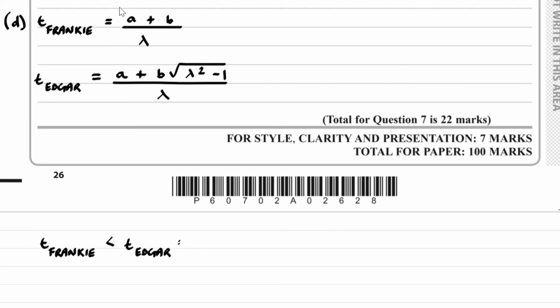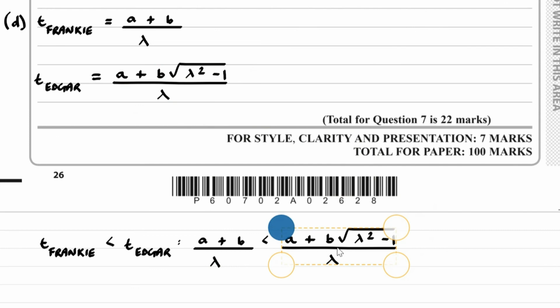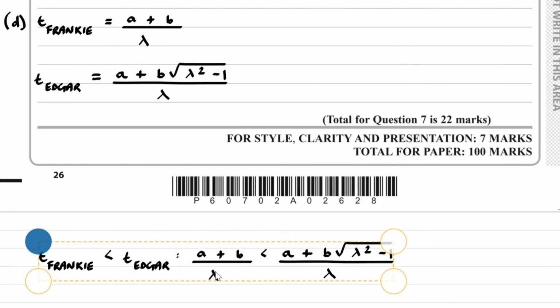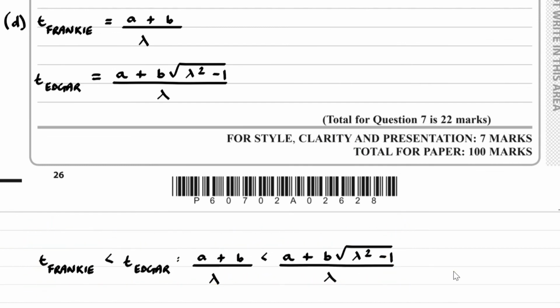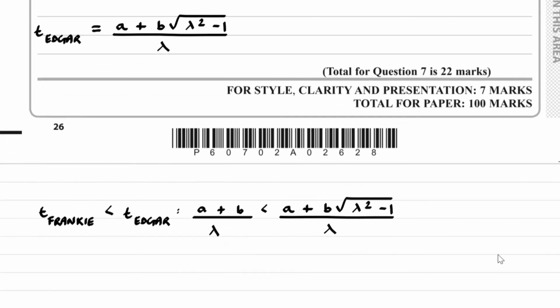So we have A plus B over lambda being less than A plus B times the square root of lambda squared minus 1 over lambda.